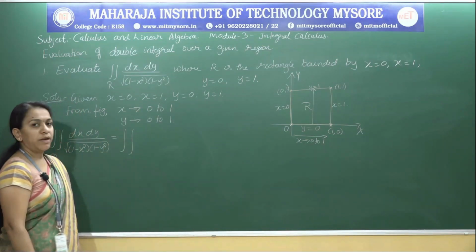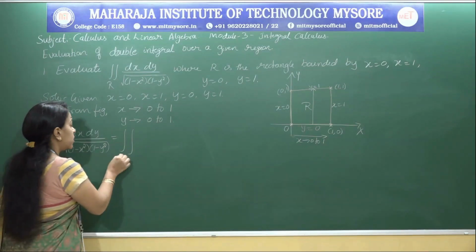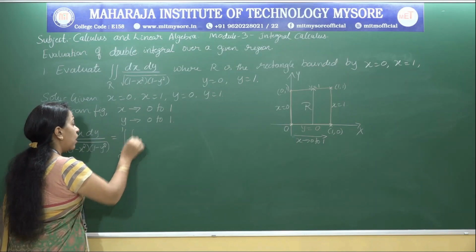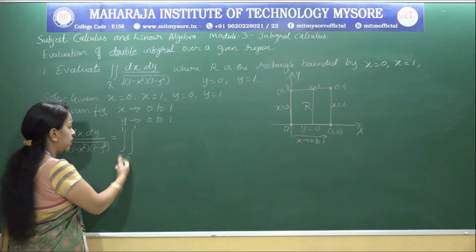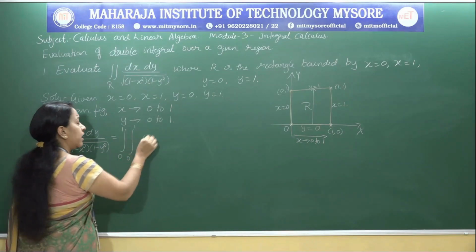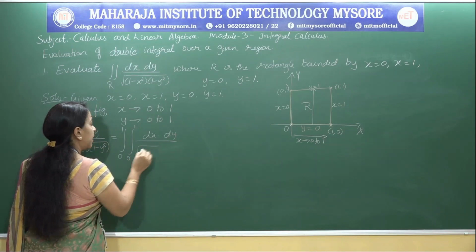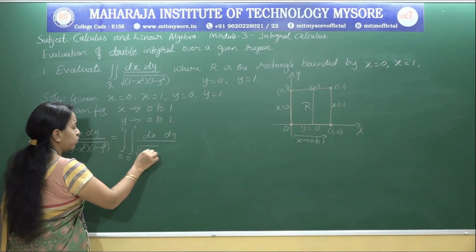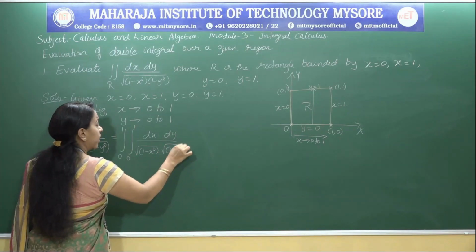So before going to write the limit, remember you should represent the constant limits always as outer limit. Of course here both the limits are constant. I can write 0 to 1, 0 to 1, and I can write dx dy divided by, I will split the square root as root of 1 minus x square into root of 1 minus y square.